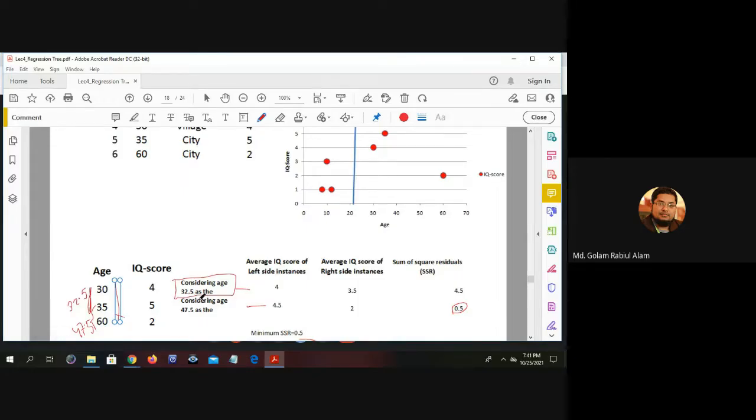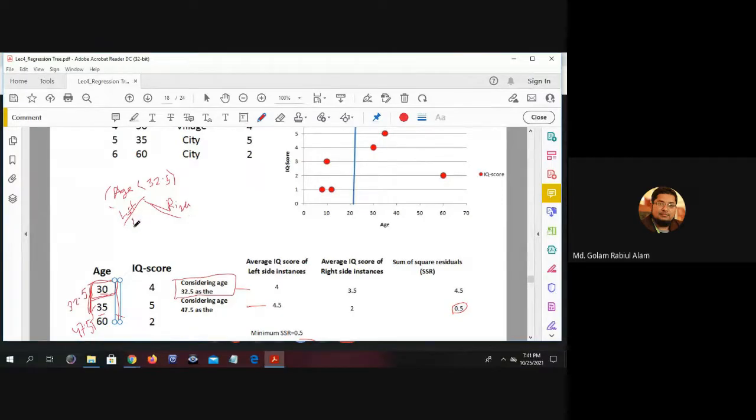The ages less than 32.5. Here is the 35 and 30. So on the left side, this will be 30, and this is right.